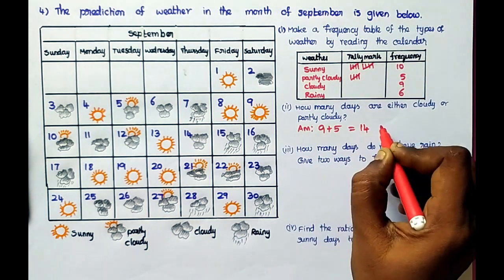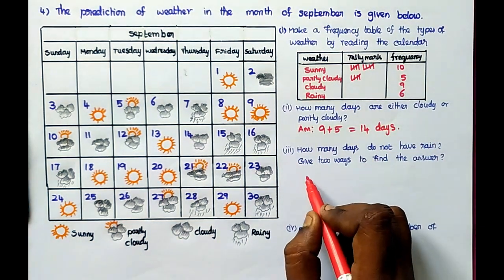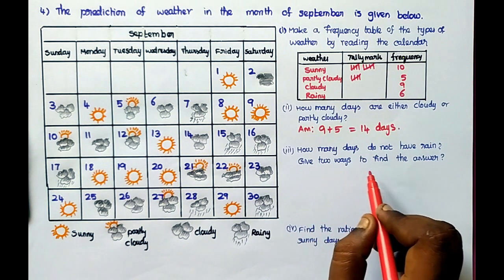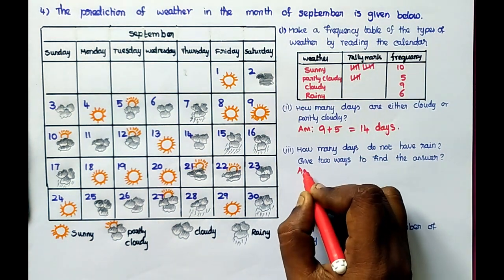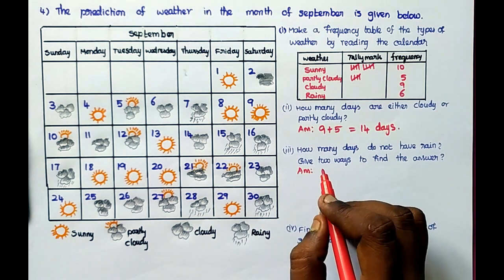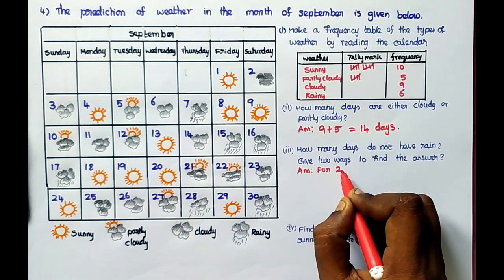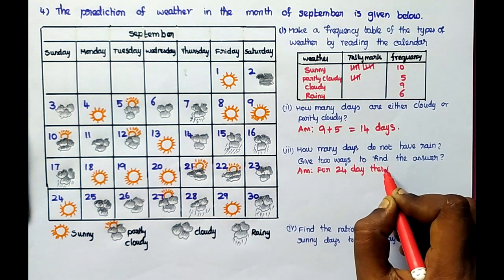Totally 14 days. Next, how many days do not have rain? Give 2 ways to find out the answer. There are 24 days with no rain.